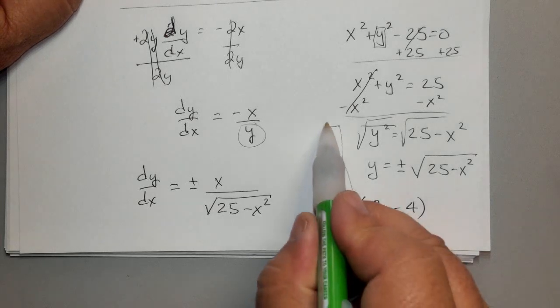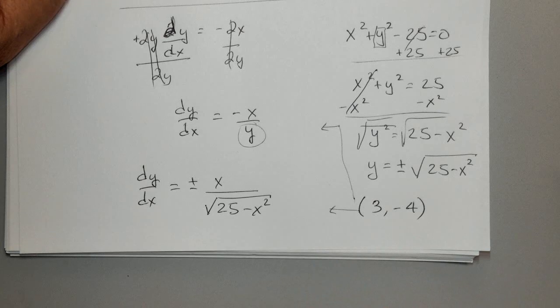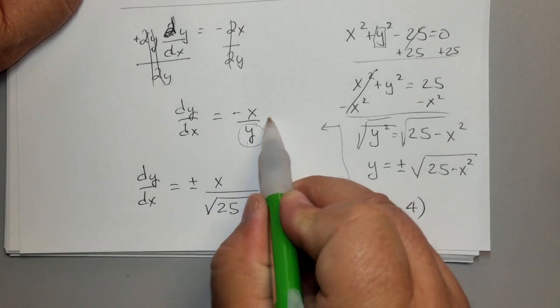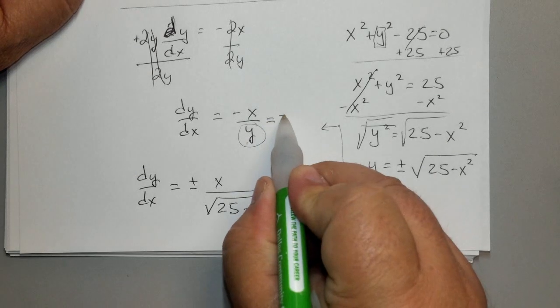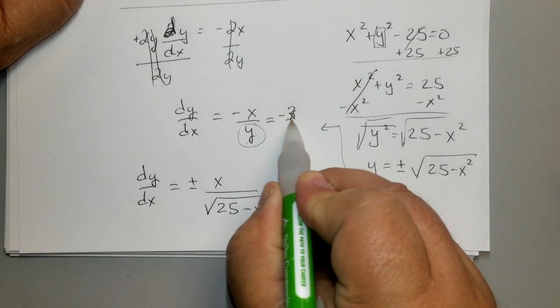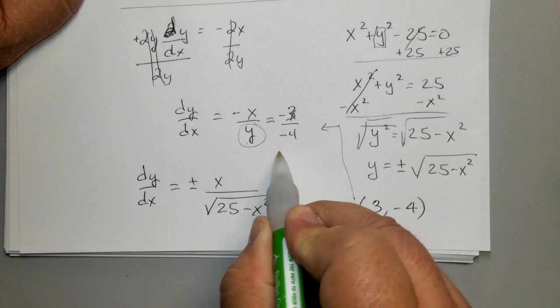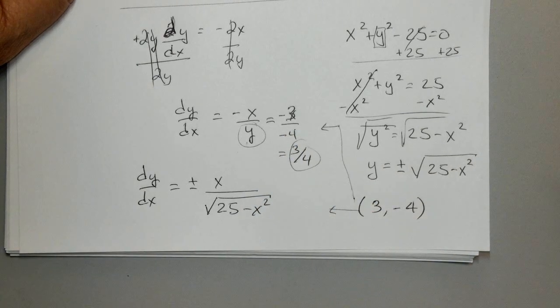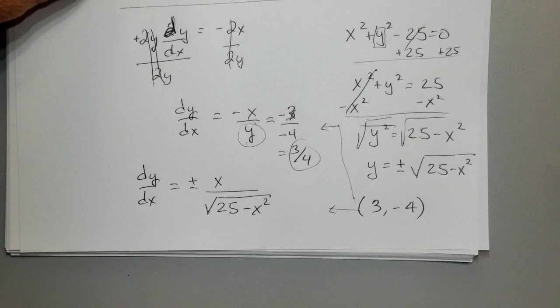Use either of these two equations. Since the point is given to you, we could have used this one. Negative 3 over negative 4 makes it 3/4. That's the rate of change at that point.